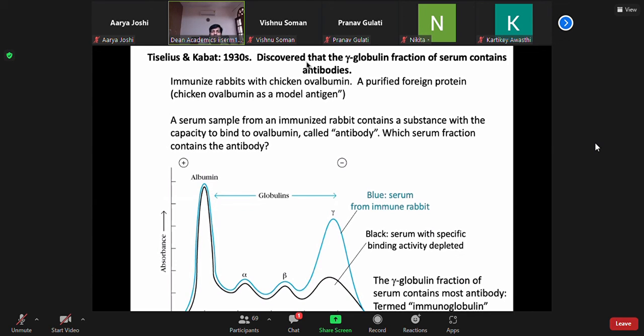Before that, they discovered the gamma globulin fraction of serum. Do you know what serum is? We did talk quite elaborately in one of these classes about serum and plasma. This is the soluble fraction of your blood.